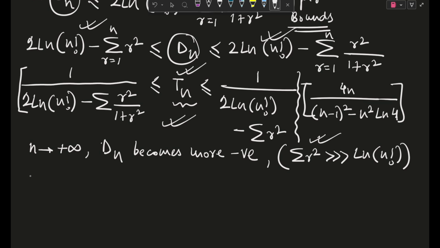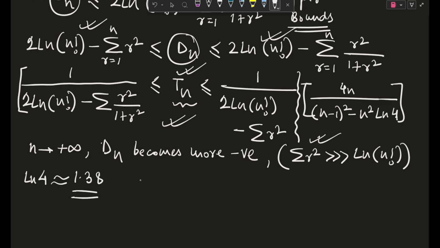And one more thing, if you see our right hand side, 4n by (n minus 1) whole square minus n square ln 4. Now the value of ln 4, just a minute guys, I will write this down here. The value of ln 4 is 2 ln 2, so approximately it is something close to 1.38. Let's take 2 decimals only.